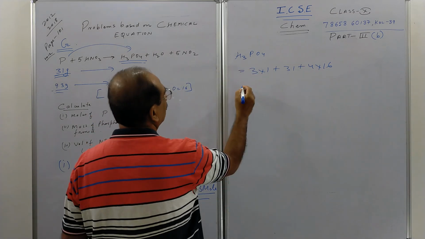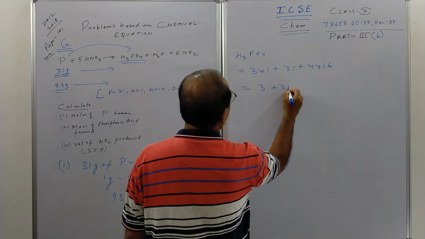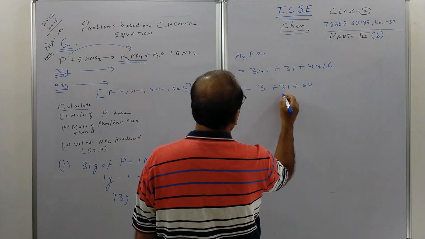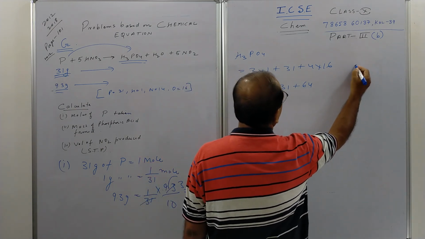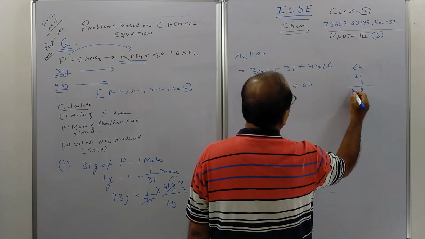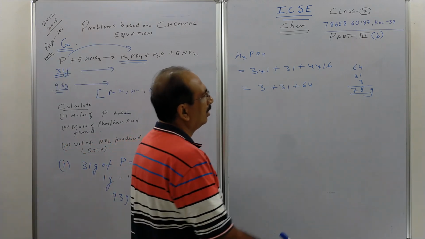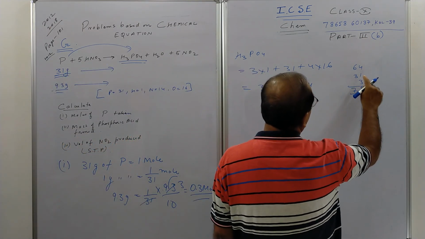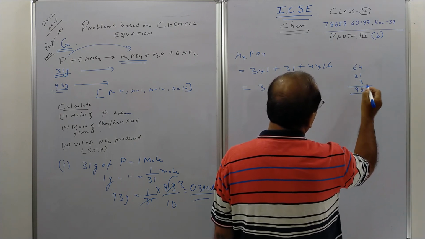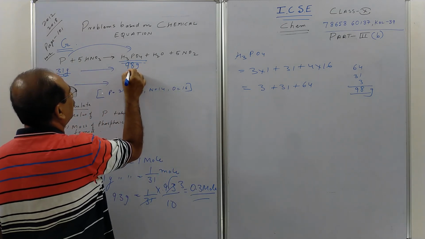So we get 3 plus 31 plus 16 4s are 64, so 64 plus 31 plus 3, 98 gram is the molecular weight of phosphoric acid.